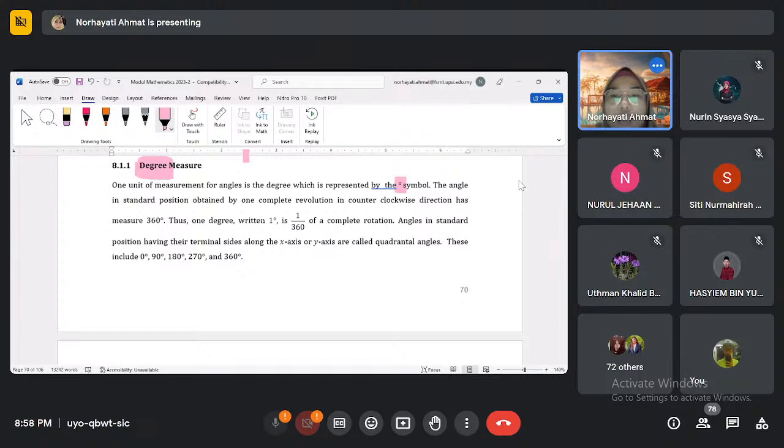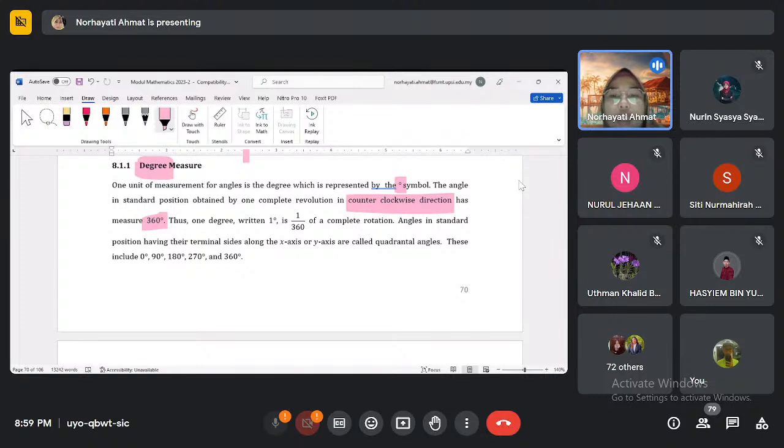Okay, so this is symbol for degree. So we have a complete rotation. Okay, counterclockwise direction is 360 degree. Okay, so a complete rotation following anti-clockwise direction, so the angle is 360 degree.